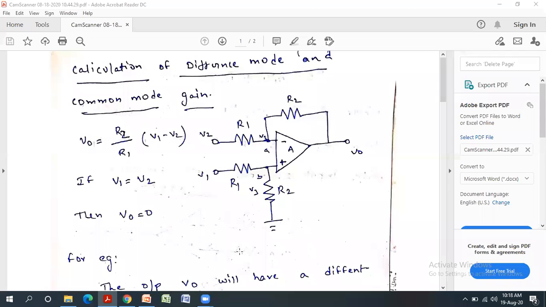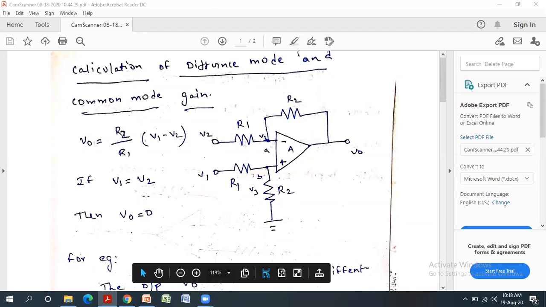What actually happens is, even though the operational amplifier is ideal and V1 is equal to V2, both input voltages are equal, the output has to be 0, but in some practical conditions a small response is observed at the output when V1 is equal to V2.